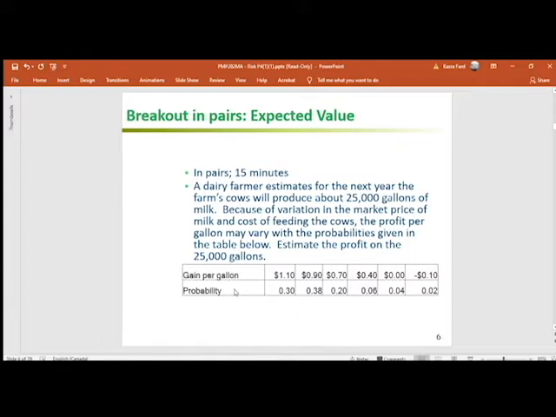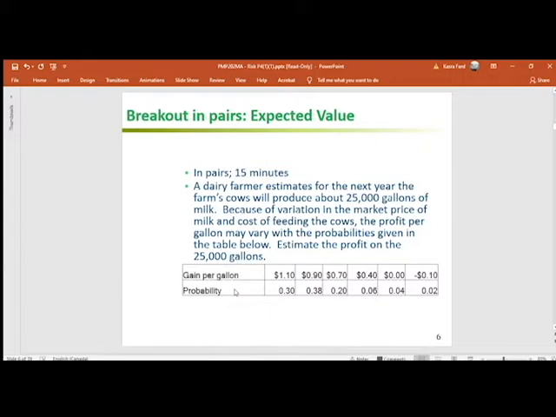So essentially, we have a project, and as part of our project, we are producing and managing the production of the milk, and we want to find out what the expected gain is going to be, some sort of an estimation of the gain. Now, we have various scenarios here. In one scenario, the probability is 30%, and the gain per gallon in this case is $1.10.